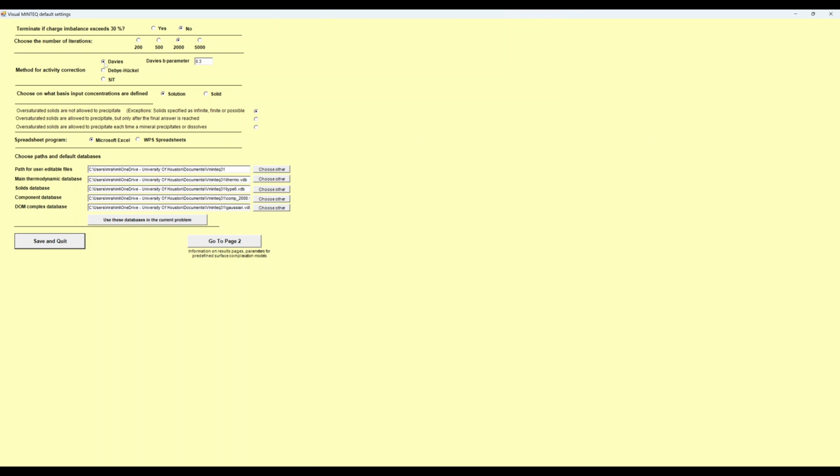If you remember in the Davies equation, we had this B parameter, which was based on, let's say, temperature and some other features, but we consider that as 0.3. This is the same also here. And if we go for the Debye-Huckel, it's just the related parameters for the Debye-Huckel, which is not asking us anymore.